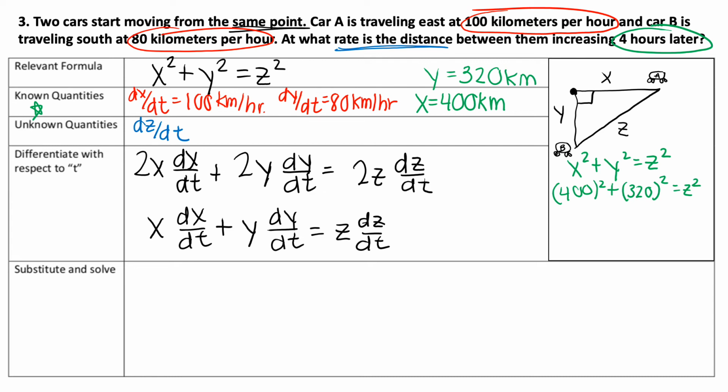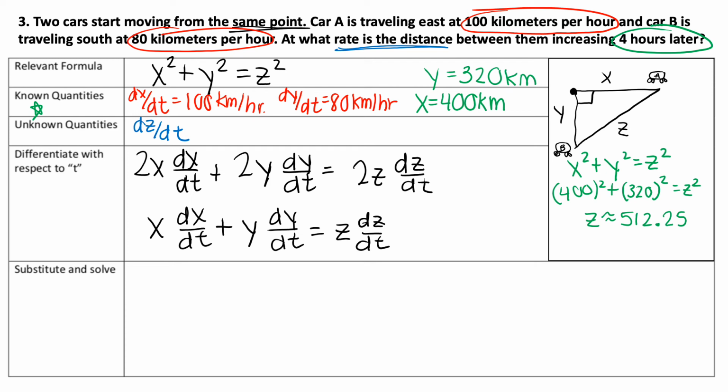We get z is approximately 512.25, rounding to the hundredth there. So we've now solved for x, y, and z. We have dx/dt, we have dy/dt, and we are just looking to find dz/dt.